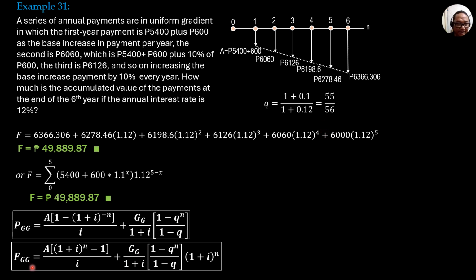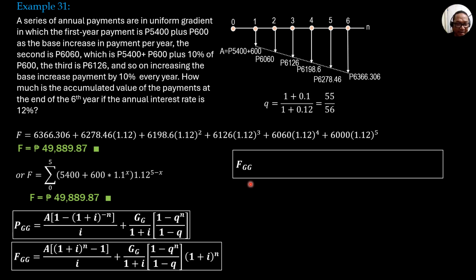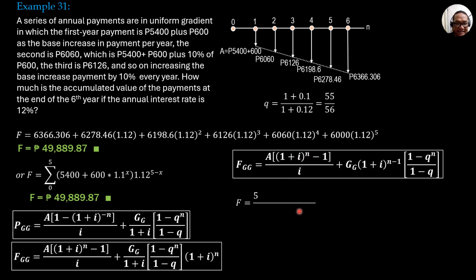And the future worth becomes A, quantity 1 plus I to the n minus 1 over I, plus G sub G times 1 plus I to the n minus 1, quantity 1 minus Q to the n over 1 minus Q. Using your calculator, with A equals 5,400, I is 0.12 and n is 6: 5,400 times 1.12 to the 6 minus 1 over 0.12, plus 600 times 1.12 to the 6 minus 1, which is 5.